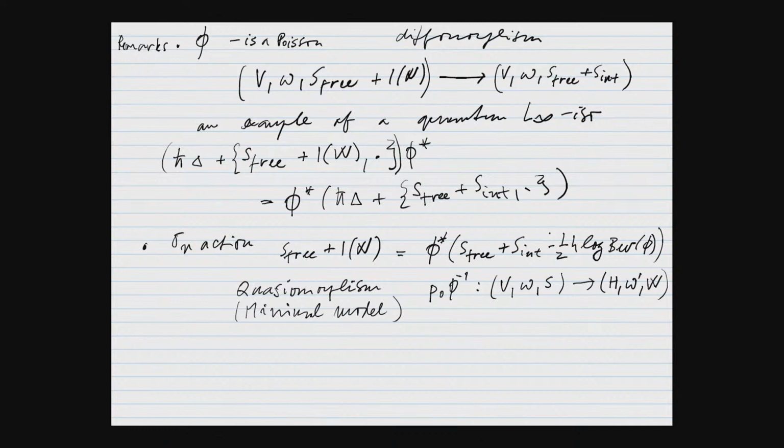And, well, you know that if you would like to see what it says about the actions, it's not just that you have the one action is the pullback of another one, because, you know, you pull back semi-densities actually. And so you have this extra piece, this logarithm of the Berezinian, which tells you that, yeah, you are changing the volume form.